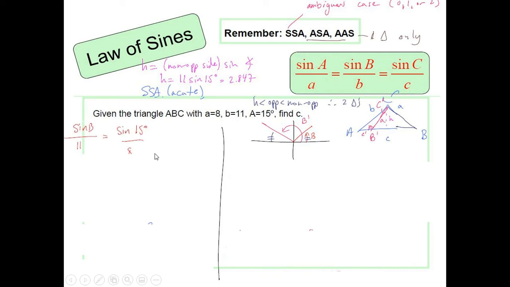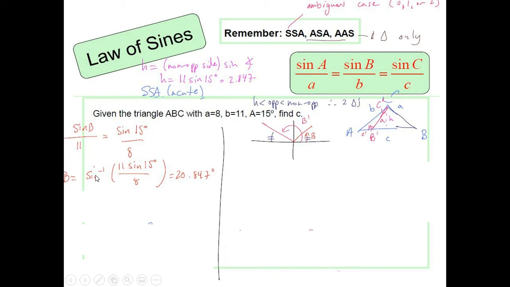So let's use sine of B is to side b, which is 11, as sine of 15, which is A, is to 8. So we can figure out what angle B is.